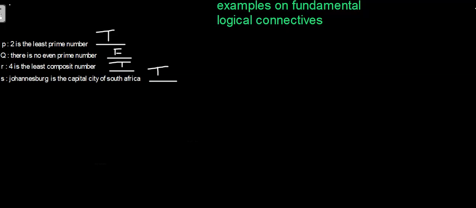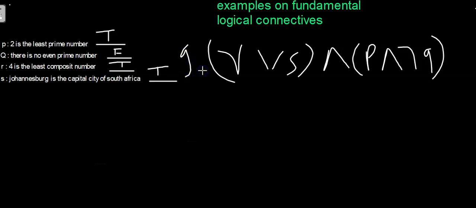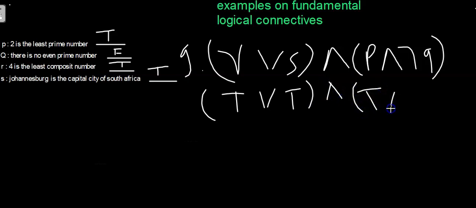Okay, so the other question that I want to make says R or S and P and negation of Q. This one I think is G. When I substitute, R is true, S is true, and P is true, and negation of Q is also true, because the truth value of Q is false, so when we negate that one, we get true.